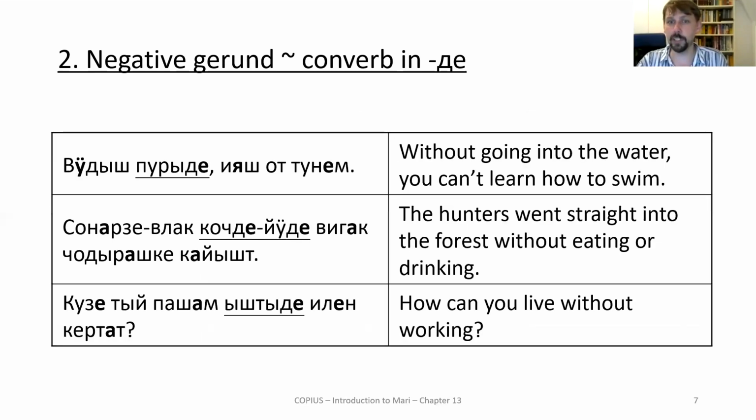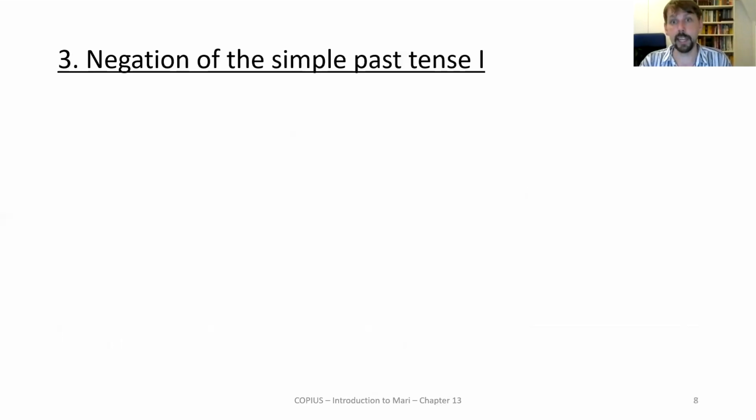Yes, about the usage here: without doing something. Without going to the water, you won't learn to swim. The negation of the simple past tense, fortunately, is a lot easier than the formation of the positive forms that we looked at last week, because we use a negation verb, which here has the stem as it already did in the desiderative. Then we have sh as the marker of the past tense, and then the personal endings.